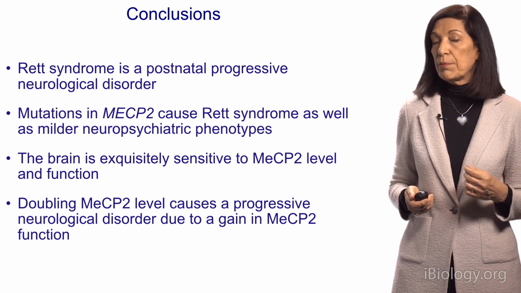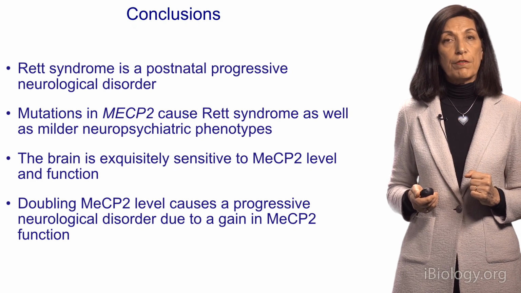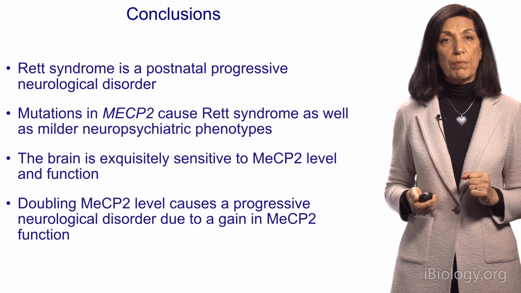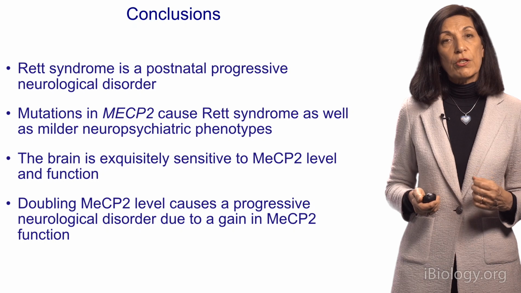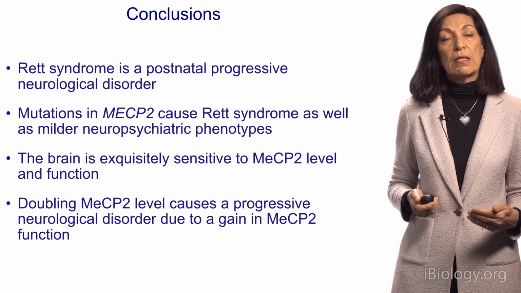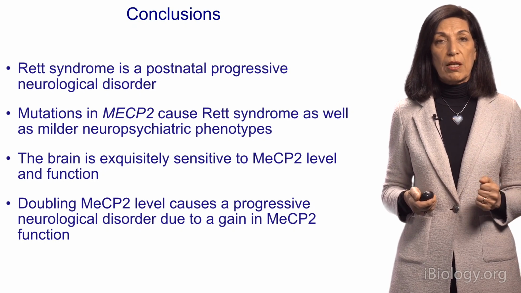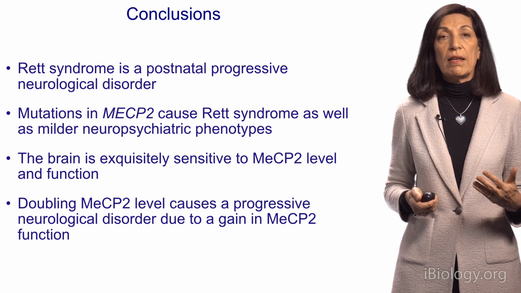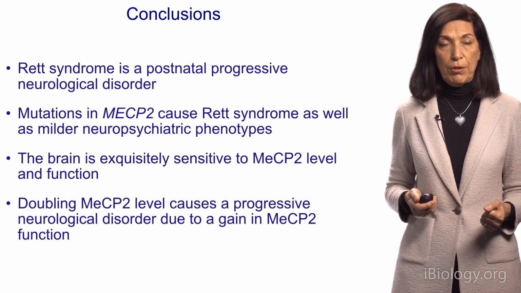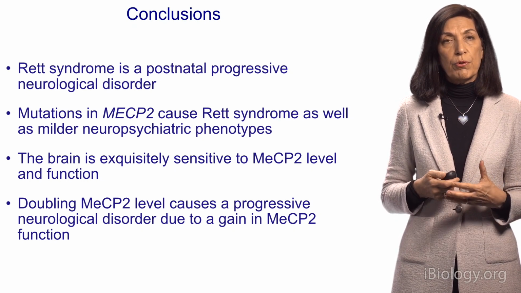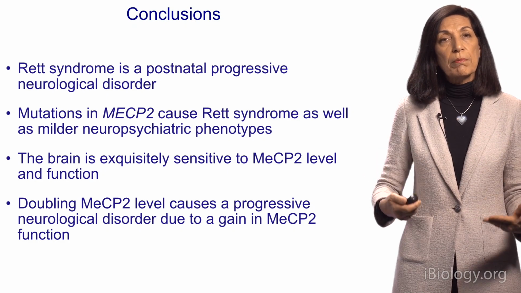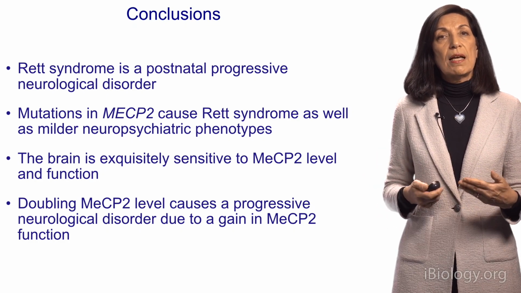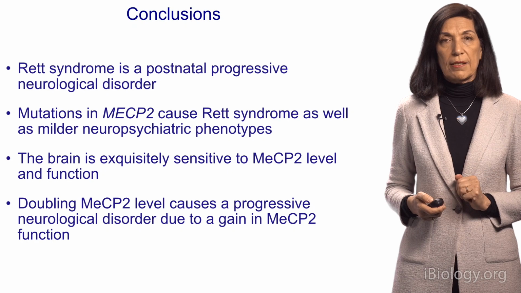We also learned that the brain is very sensitive to the level of this protein to function properly. And lastly, we learned that if you double this protein, one gets another progressive neurological disease due to gain in the normal function of MECP2. So it's not that the protein is losing function, it's just doing much more of what it normally does, and that's enough to cause disease.